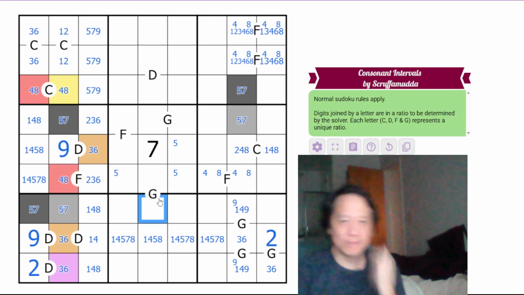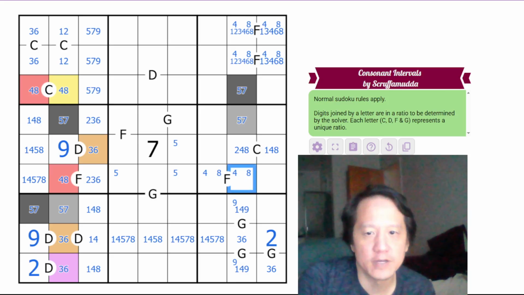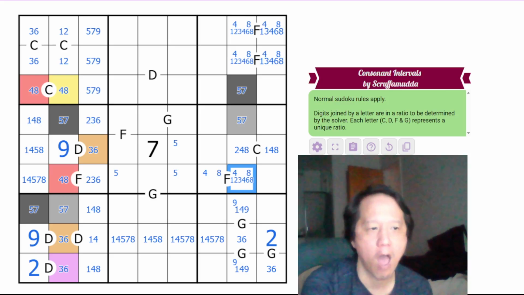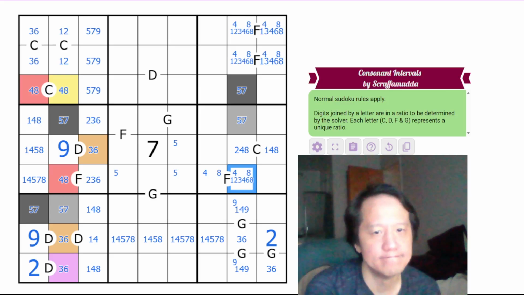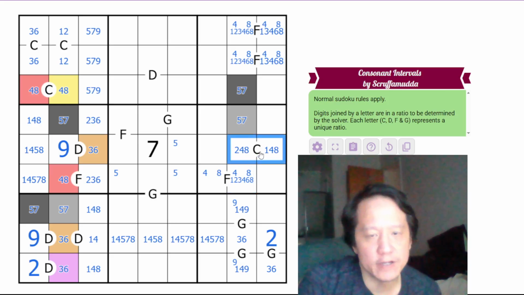What are the possibilities here? We know this cannot have a 9. It's 1, 2, 3, 4, 6, and 8. This cannot be 4 and 8.